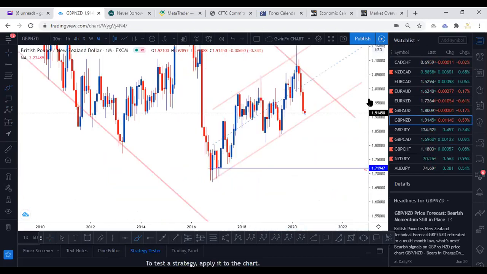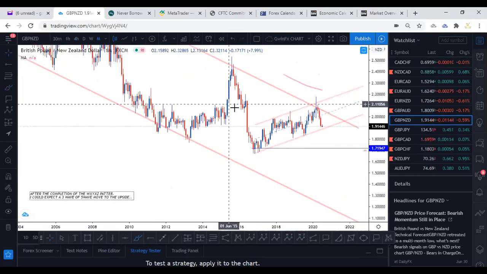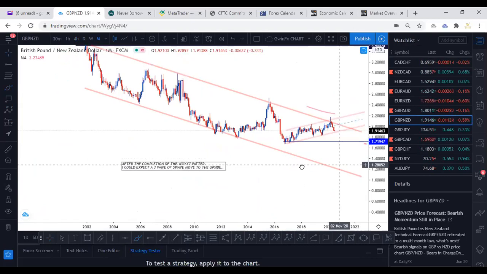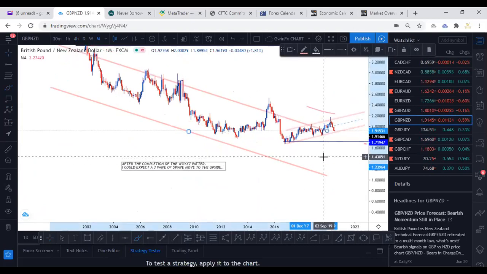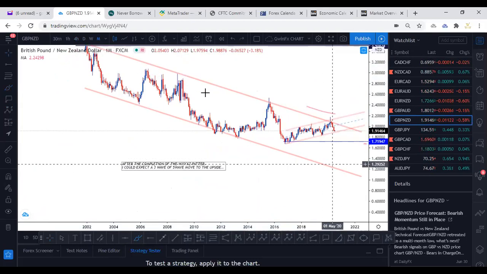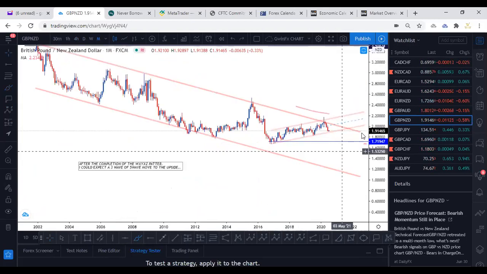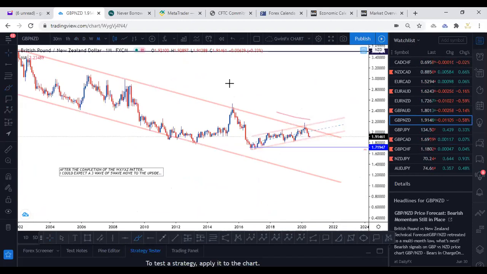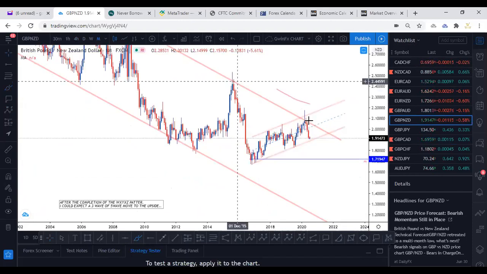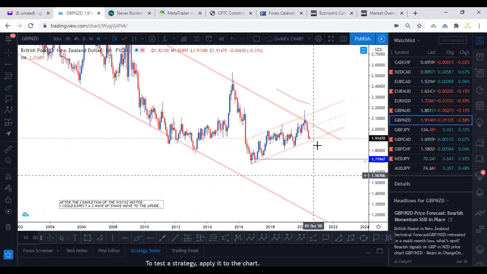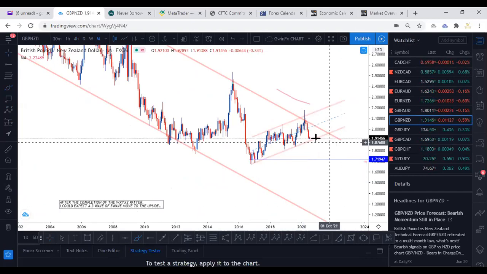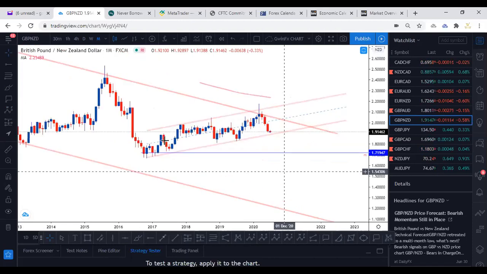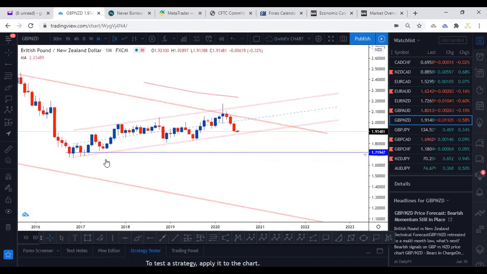Let's see. Global trend downtrend. Monthly global trend downtrend. We are at the top, resistance of the global direction, with rejection of the global direction, you could expect a drop.